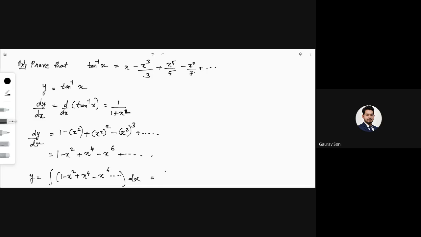So this will be x minus x cube by 3 plus x raised to 5 divided by 5 minus x raised to 7 upon 7 and so on.